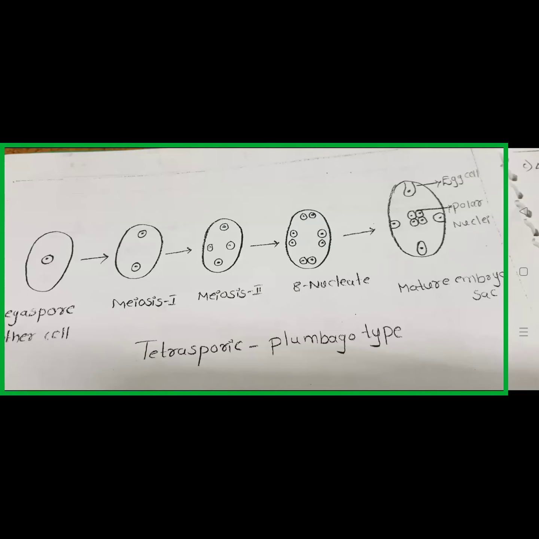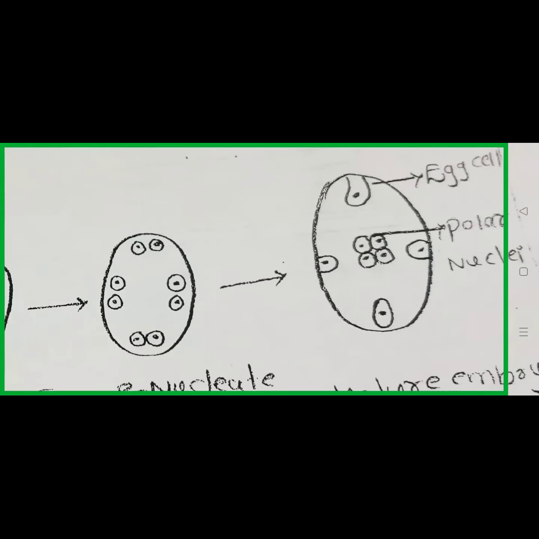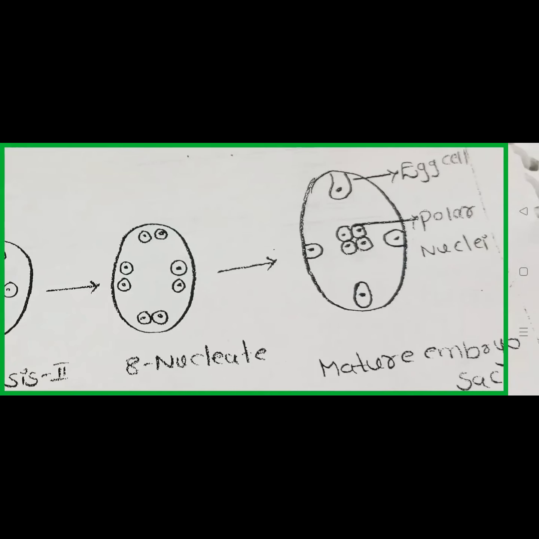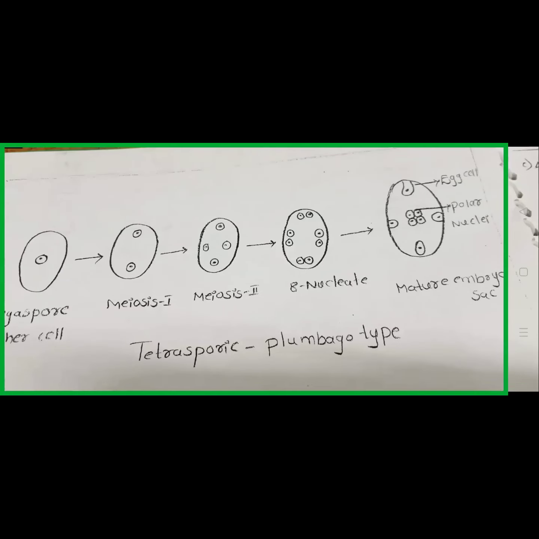So 4 polar nuclei are present at the center. 1 is the egg cell, 3 are the antipodals, arranged in that position only. This is what we call the Plumbago type of embryo sac. Very simple, but the arrangement is different.